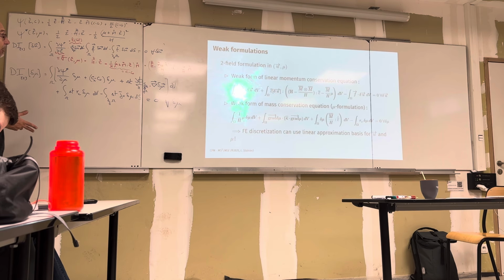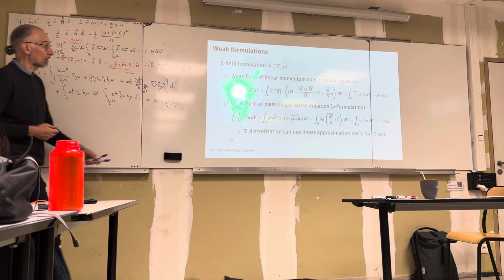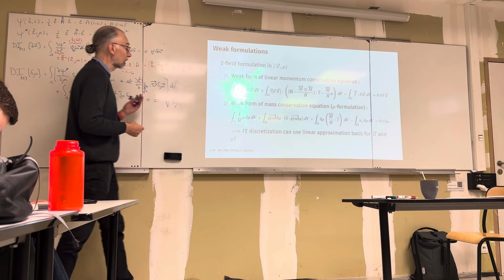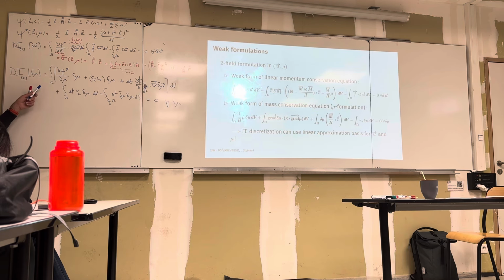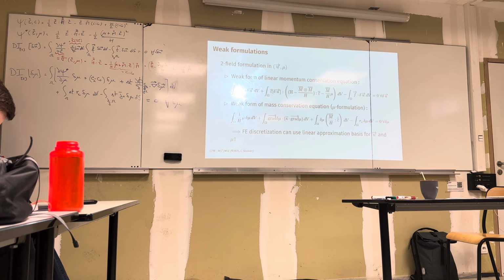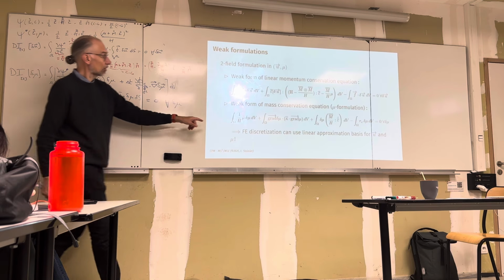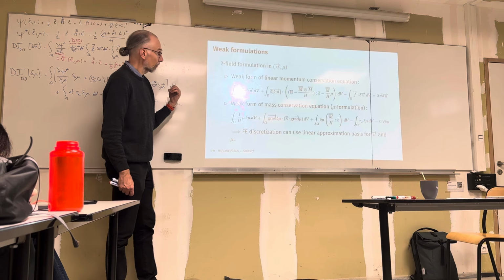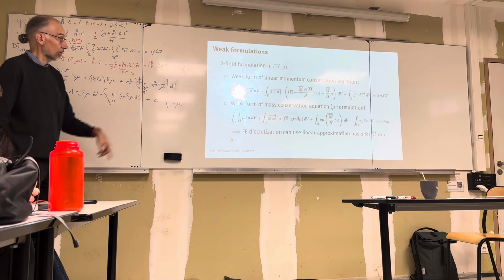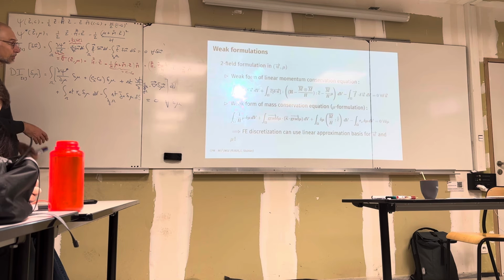The thing is, we want to see the connection between this and this. This is a time discrete version of that, the specific one you need to see. This is written in rate form, but this corresponds actually to the fully implicit version of that.